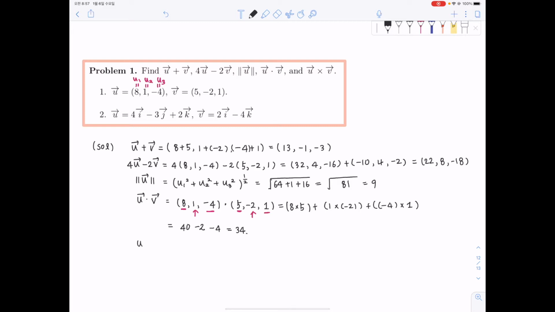And u cross product with v is, we first write down a determinant of a 3 by 3 matrix like this form. But here we use ijk notation.